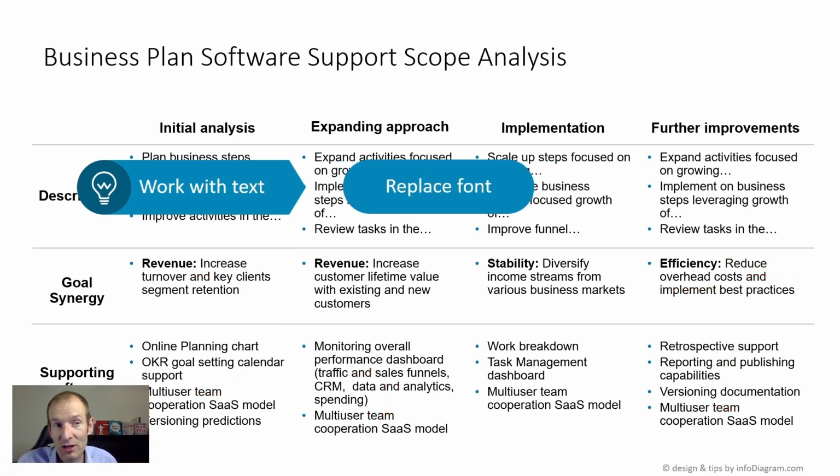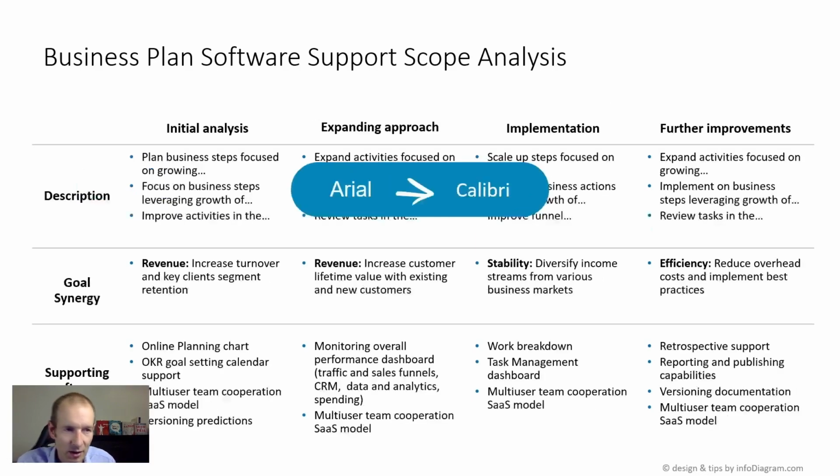The next thing you can do is replace the font, if you're allowed to and have the freedom to change it. In our example, the font is Arial, which is pretty standard, but a bit wider. If you replace it with Calibri, you can see right away that the text is smaller, because this is a slightly smaller font.